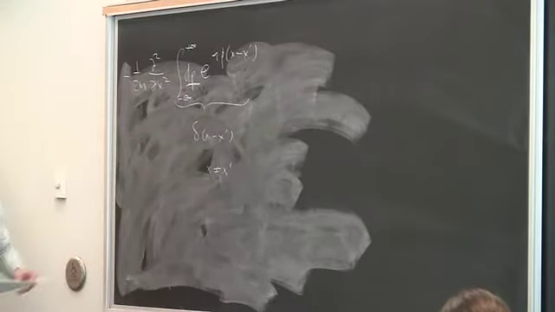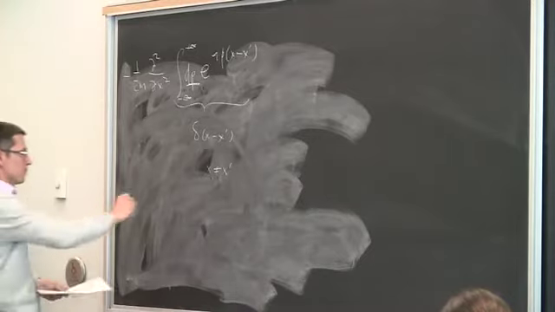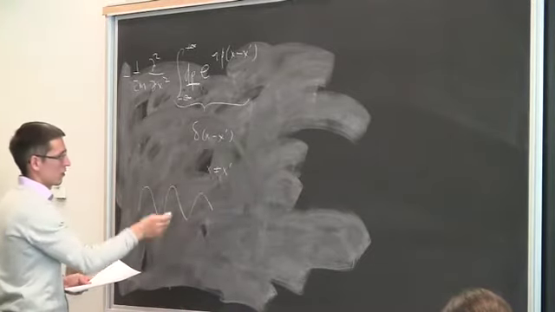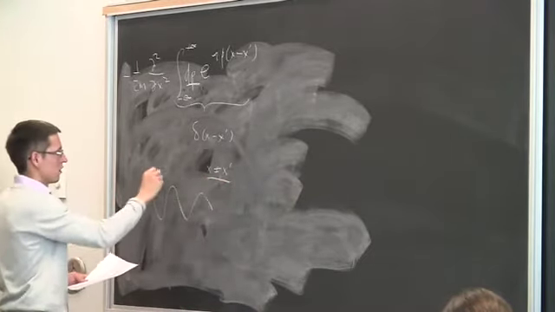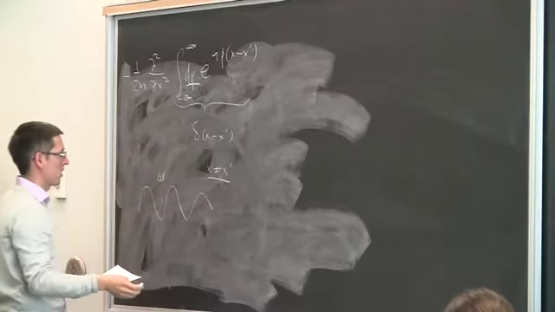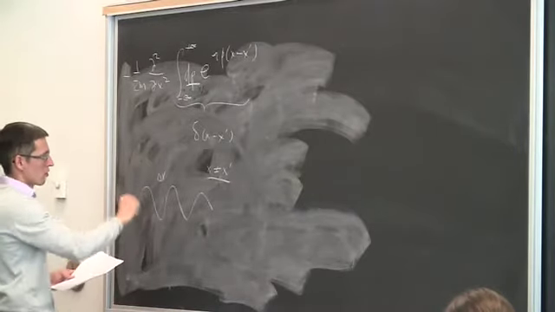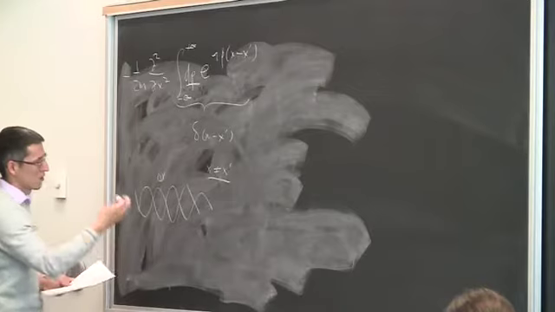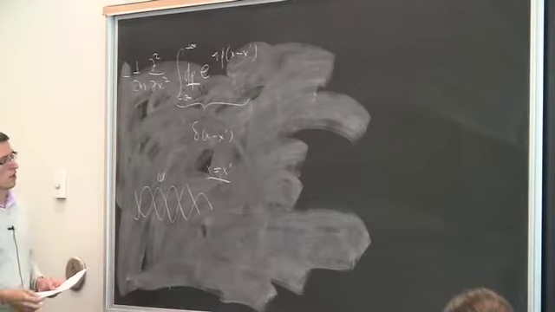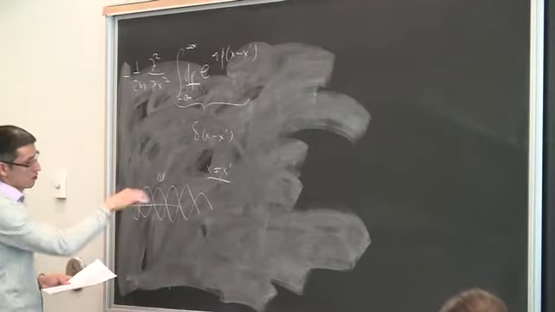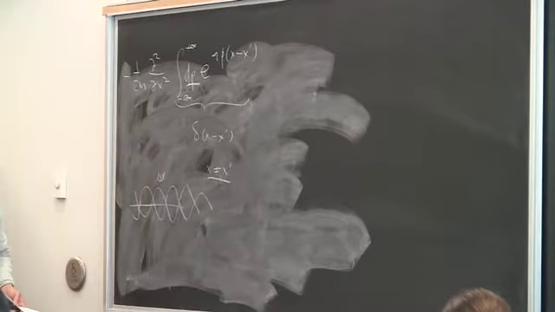If we have an oscillation with some frequency going on, and the frequency is related to the difference between x and x prime, then in that integral there will always be something that oscillates out of phase, and they will cancel each other when you sum them together.